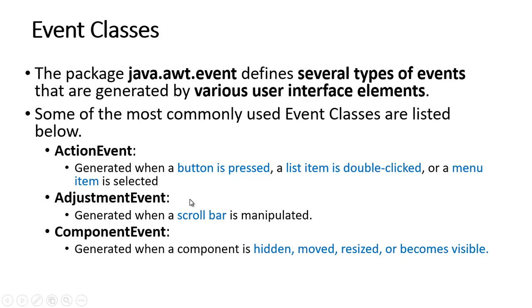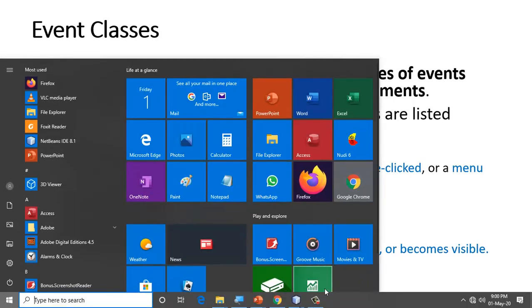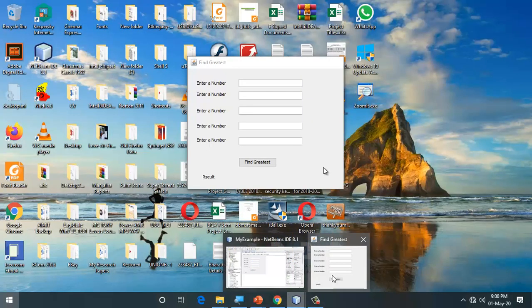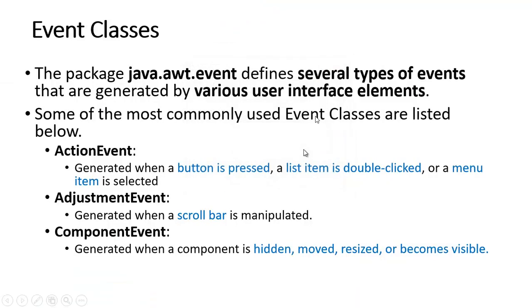Next one is the component event. Component event occurs when the component is moved, resized, or becomes visible. So you have a component over here. Now, let's assume that I am running this program, so I am not going to close this particular thing.